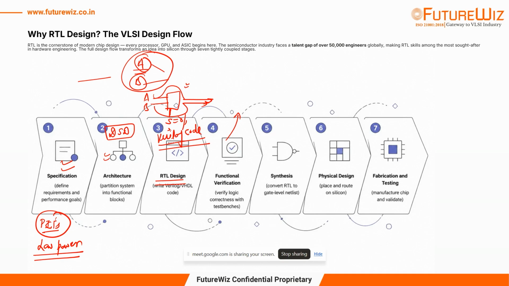If I talk about the complete design flow of a chip, almost 70 to 80% of the project time is consumed by functional verification, right? And manually it can never be possible, because ultimately thousands of test cases have to be applied to a DUT to verify its functionality, right? So we have to create some automated structure.